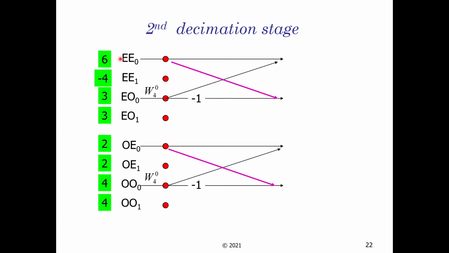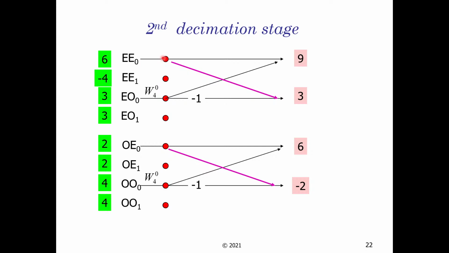In formulating the input of the second decimation stage and doing the butterfly diagram to get the output, we see that if we consider only the parts that had 0, 0 or 4, the 6 value here will go straight across, the 3 value here will multiply by 0, 0 or 4, and a total factor here, anything that's 0, 0 or 4 in particular, is just going to be 1. So we get 6 plus 3, which is going to give us 9.